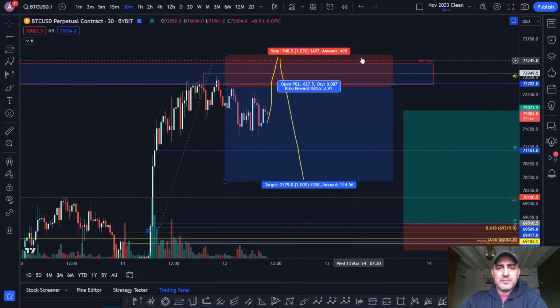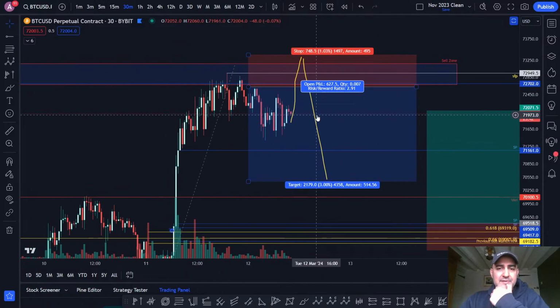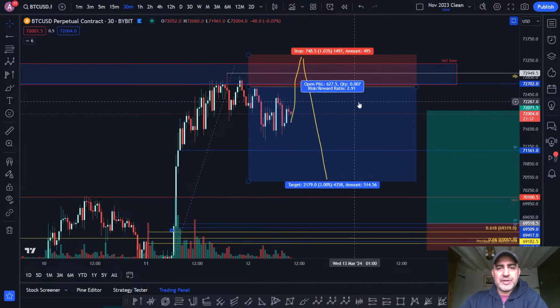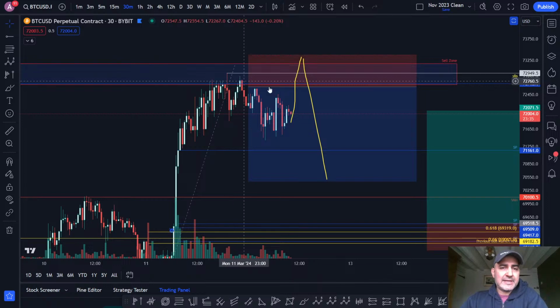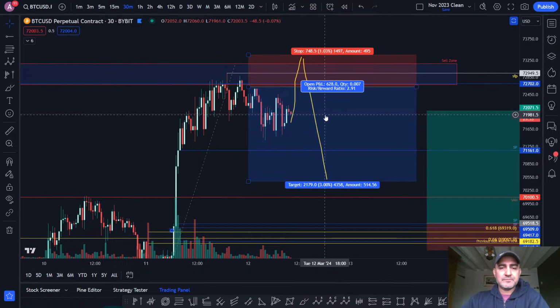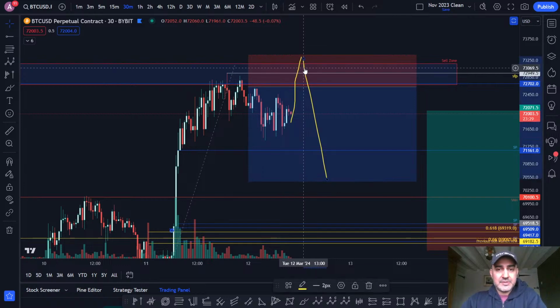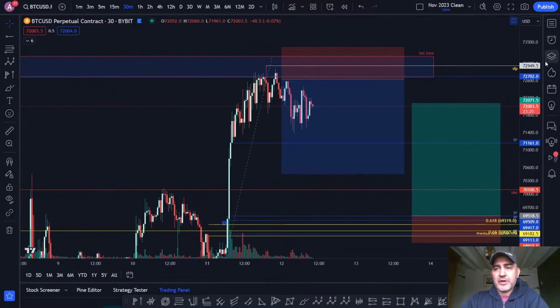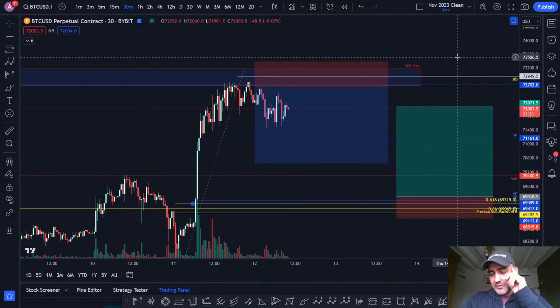So I am prepared for something like this. If that was to happen, I will take a short. I will short that. Okay, I'll get invalidated, but then I'll short again, and that'll be fine. That's normal. But I'm not saying it's going to happen. I'm just saying you've got to be prepared for something like that. If you are trading, that's what I'm prepared for.